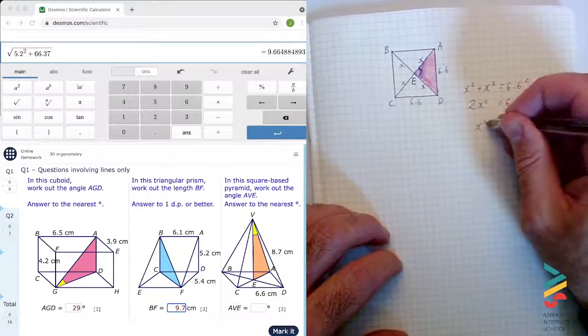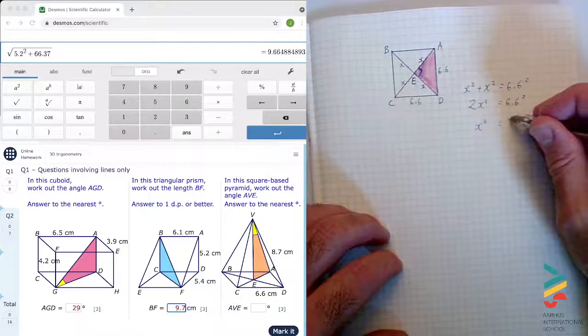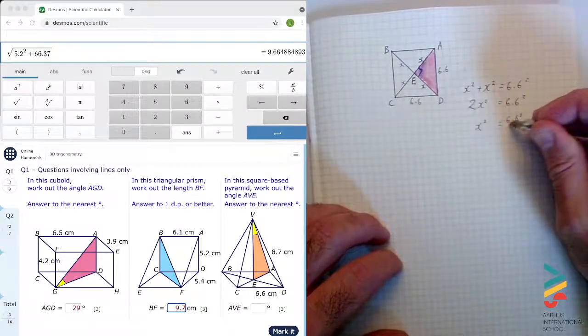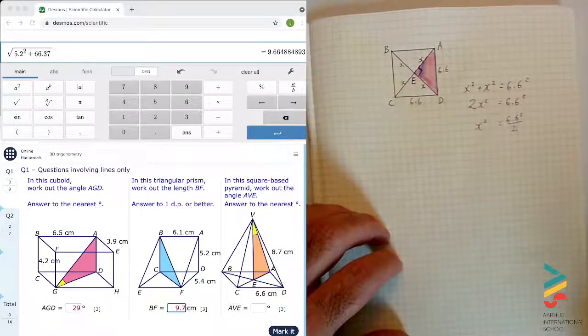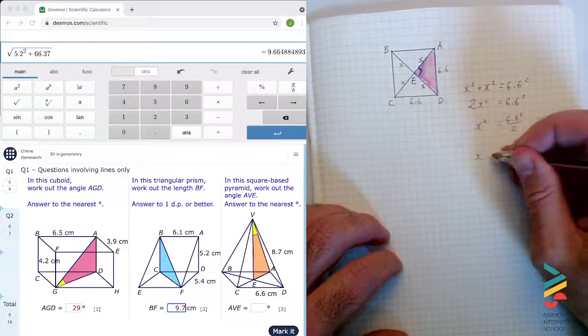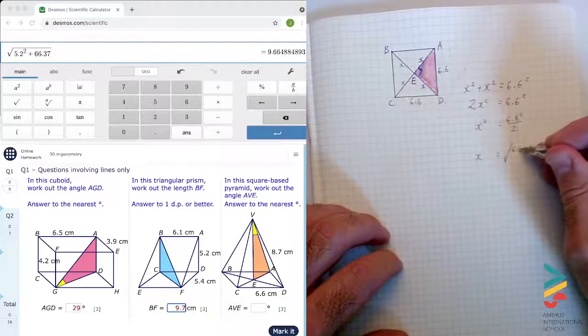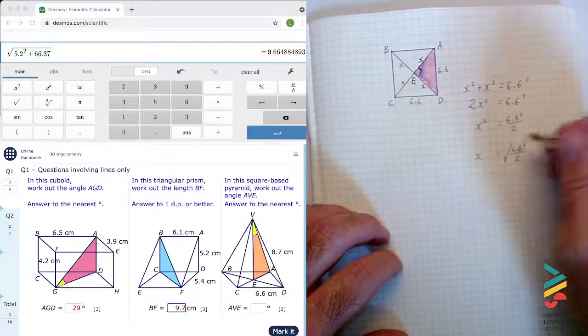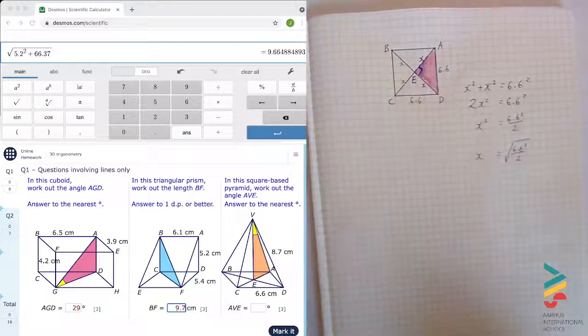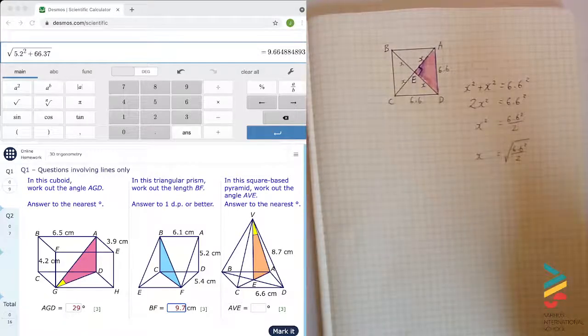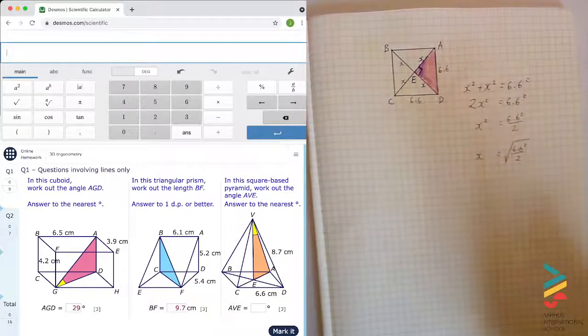X squared on its own is going to be 6.6 squared divided by 2. And then X itself is going to be the square root of that. I will evaluate that as a decimal because that's quite a complicated expression to have to write within another expression at the next stage of calculation.